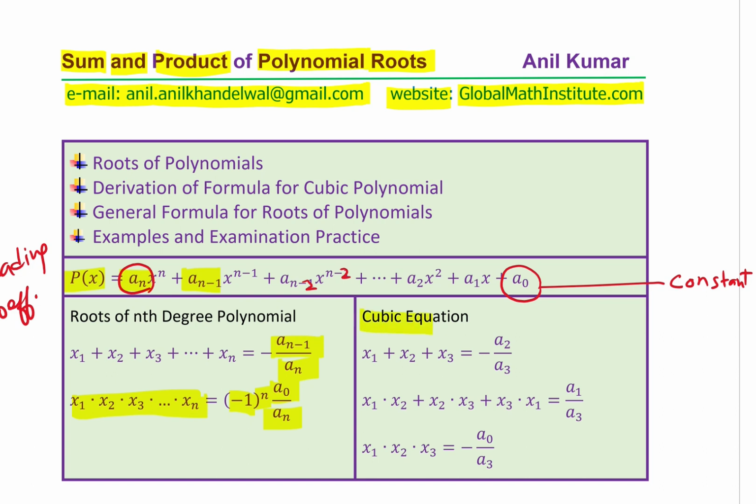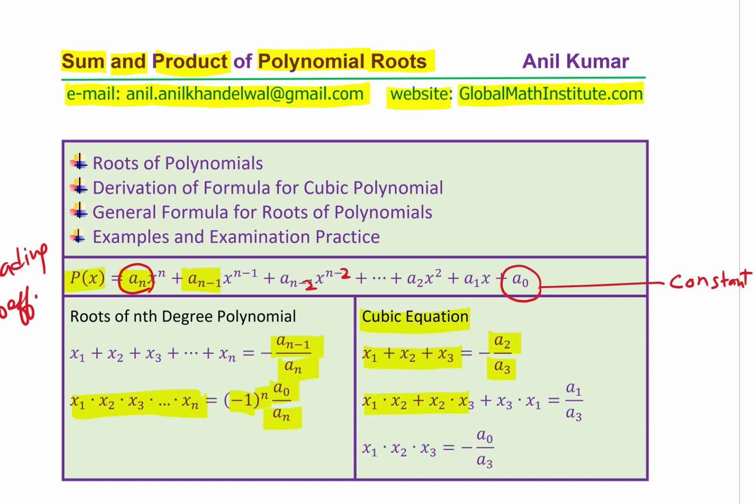Specifically, if you talk about the cubic equation, you expect how many roots? Well, 3, right? So let x1, x2, x3 be the 3 roots. In that case, their sum is going to be minus a2 over a3, where a3 is the leading coefficient and a2 is the coefficient of x squared.